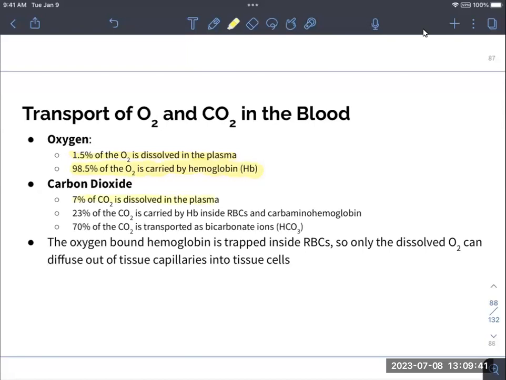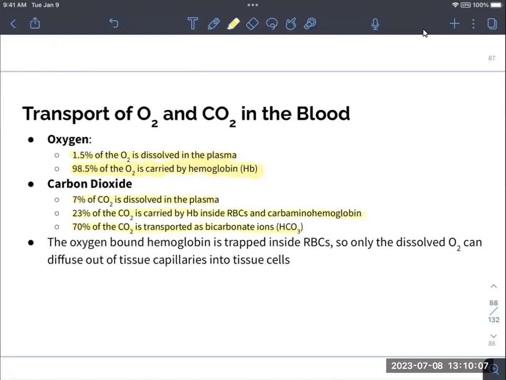it can be dissolved in the plasma because carbon dioxide dissolves in water or liquids easier or better than oxygen does. It can be carried in that hemoglobin, and that carbohemoglobin, but most of it is transported as bicarbonate ions.